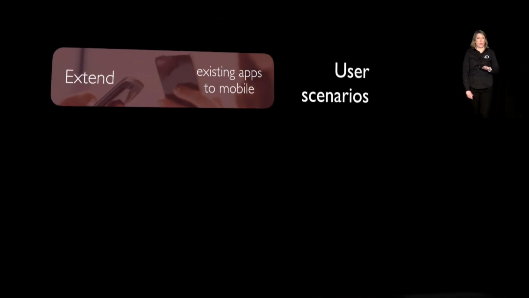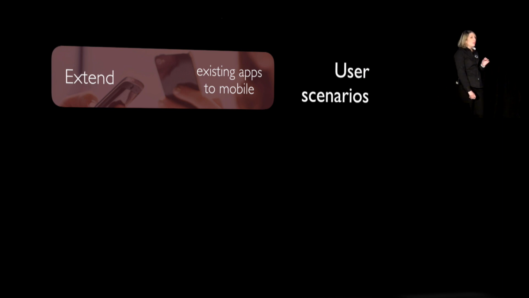So let's take a minute to focus on some typical user scenarios. Today, all business applications run at least on a desktop. And the number one feature request is to extend these existing applications to mobiles. So let's say you're in sales and you're visiting a customer.